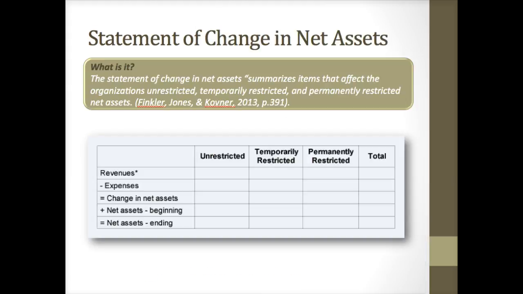The third core financial statement is called the Statement of Change in Net Assets. This statement summarizes items that affect the organization's unrestricted, temporarily restricted, and permanently restricted net assets.